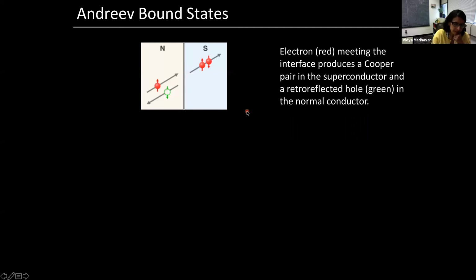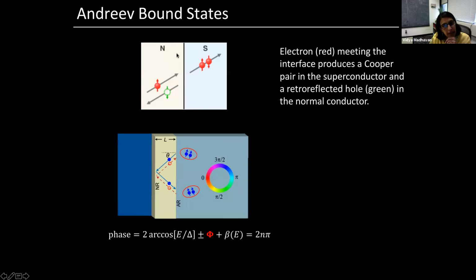The interesting thing about these Andreev processes is that when you have regions in a superconductor, like close to an edge, which are normal, you might actually have bound states called Andreev bound states. These bound states occur when the electrons in the normal metal can scatter and constructively interfere with one another.